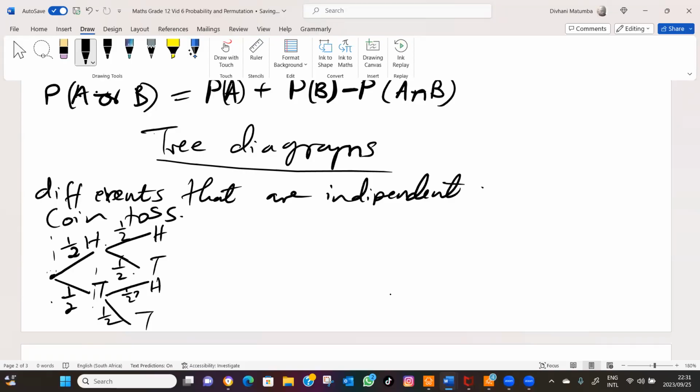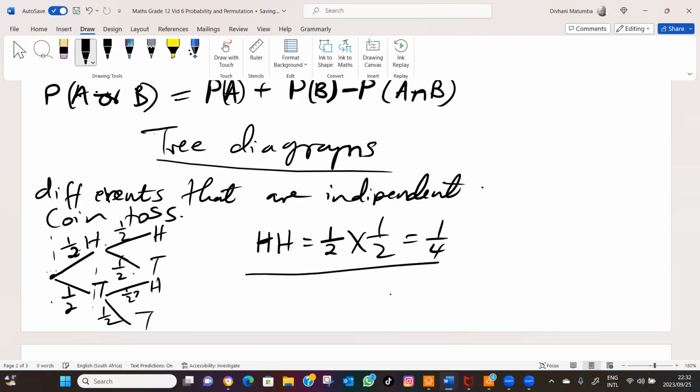Now, what is the chance of tossing the coin and getting a head on the first event, and on the second event getting another head? The probability is, this is the branch, 1/2 times 1/2, which is given by 1/4. Same thing if you are tossing to get head, then tail.